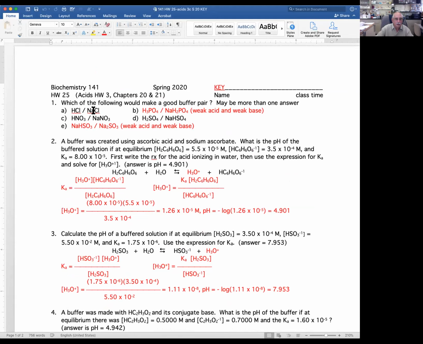Because if hydrochloric acid is an extremely strong acid, that means its conjugate base, the chloride ion, is going to be an extremely weak base, not do anything. But here's a weak acid, here's a weak base. Here's a strong acid, so that's not going to work. Here's another strong acid, so that's not going to work. Here is a weak acid or a weak base, and that would be a weak base. So yeah, that would work.